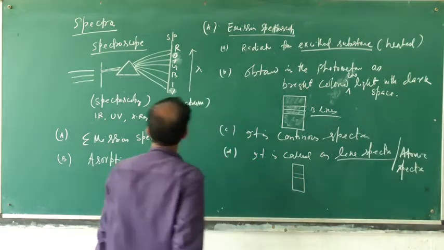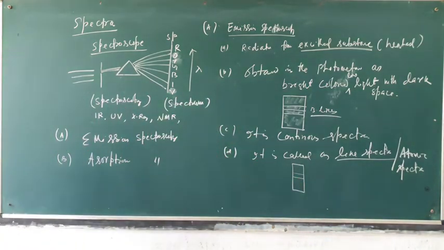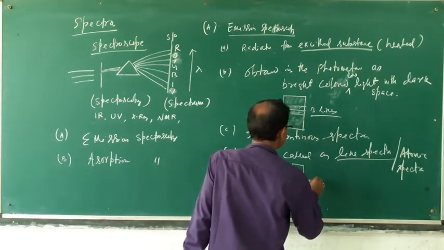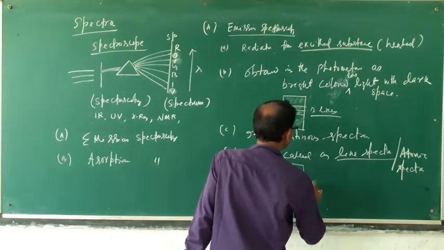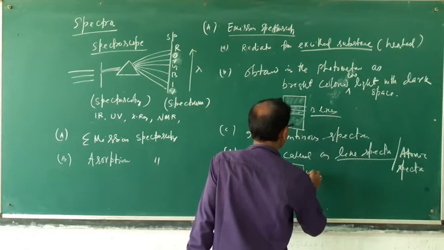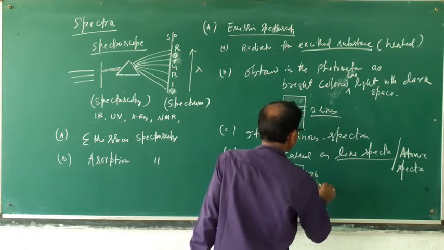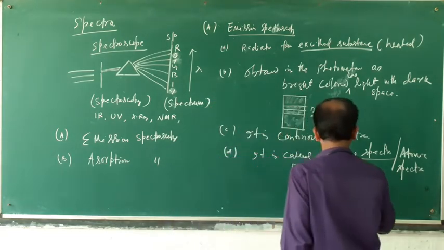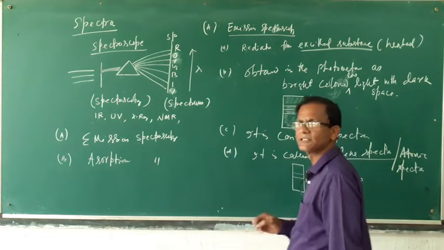Sodium metal generally produces two bright lines, one at 590 and another at 596 nanometer. These are yellow lines.